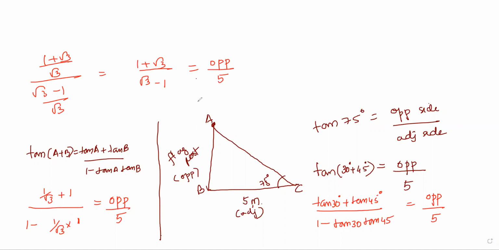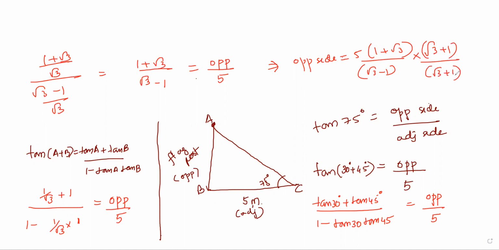So you have to find the approximate value, isn't it? So for finding the approximate value, you have to simplify this. So how can you simplify? So this I am writing here, opposite side is equal to 5 into 1 plus root 3 by root 3 minus 1. So just simplify this. I am multiplying this with the conjugate. Root 3 minus 1, conjugate is root 3 plus 1.